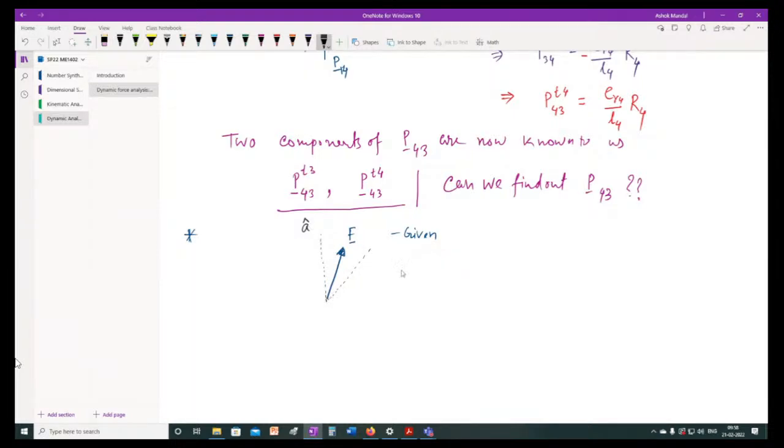Suppose this direction is A cap, this direction is P cap. This is one direction and this is another direction.